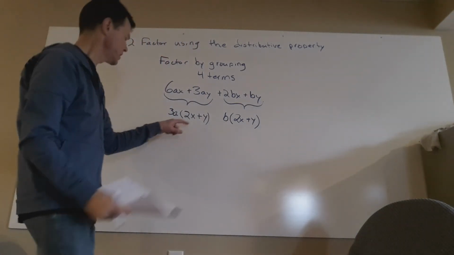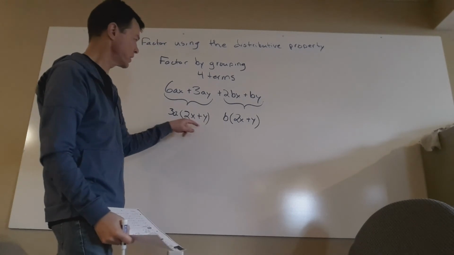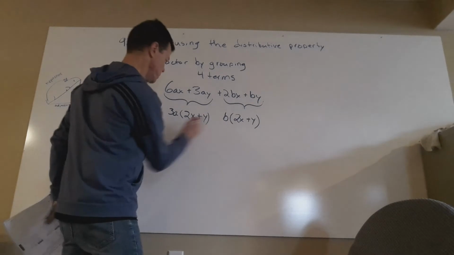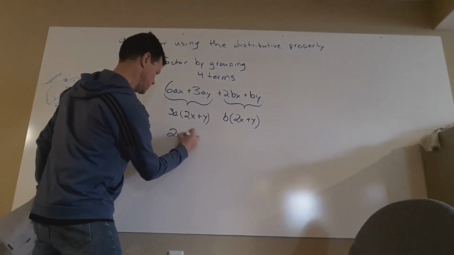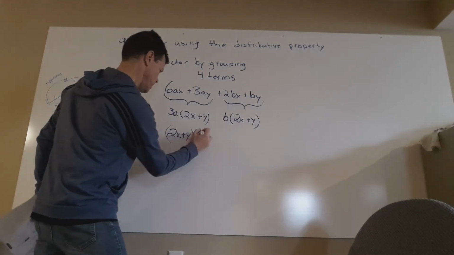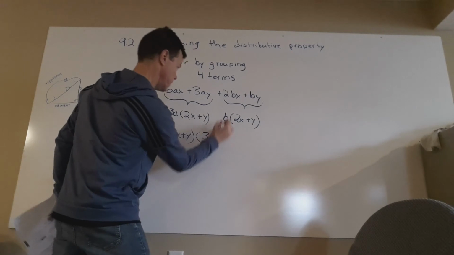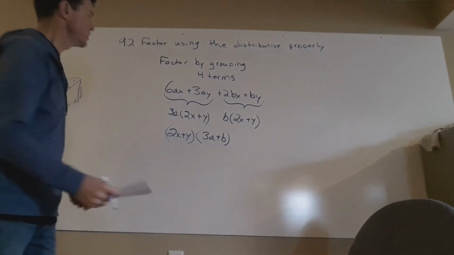All right, notice the 3a and the b are both multiplied to the 2x plus y and the 2x plus y. So then I could factor out this 2x plus y. So 2x plus y, and that will be multiplied to 3a, and it's a positive b, so plus b. And that is factor by grouping.